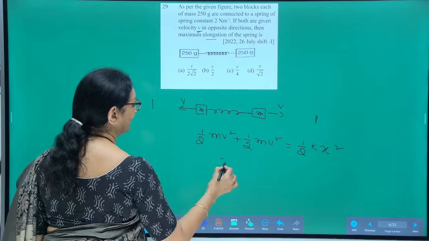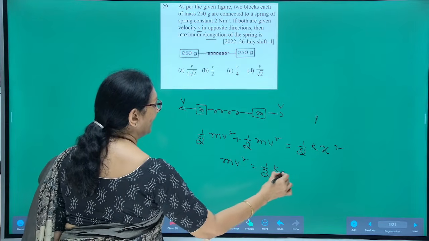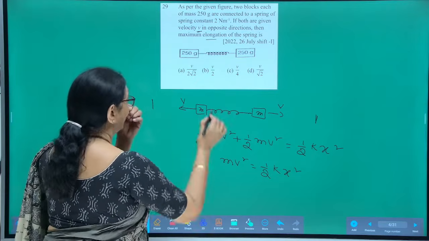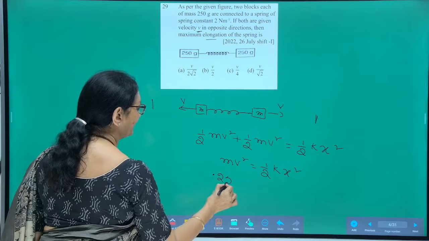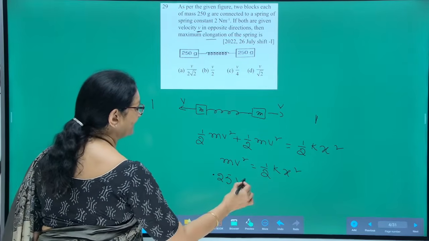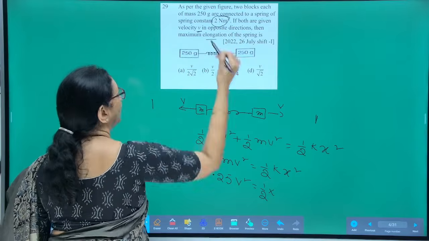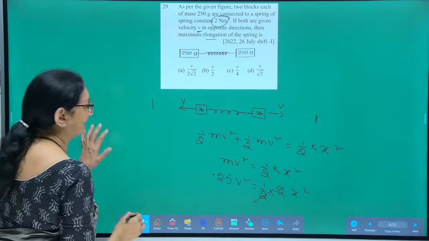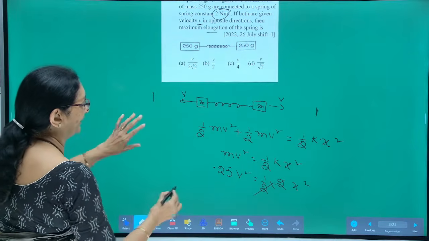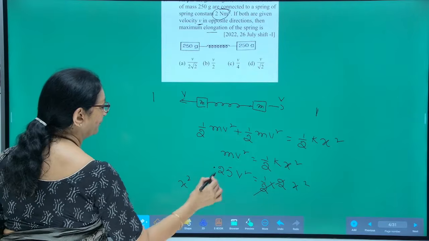Half m v square plus half m v square is m v square, which is equal to half k x square. Mass is given as 250 grams, convert that into kg, 0.25 v square is half, k is given as 2 Newton per meter. So 2 and 2 get cancelled. From this, what do we get? x square is equal to 0.25 v square.